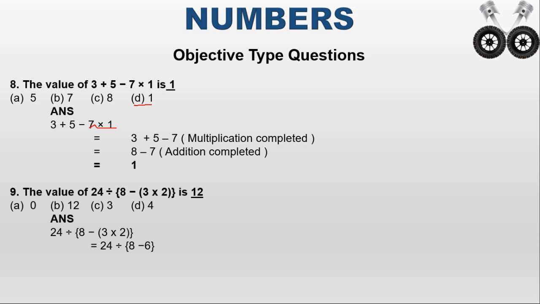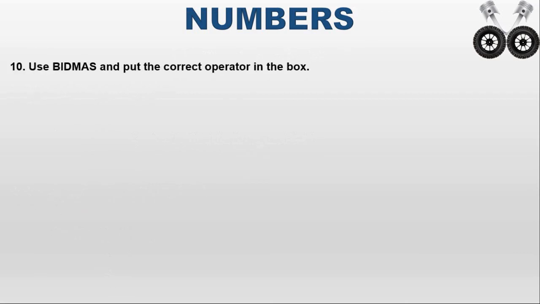What are they? Division and bracket. Which should be executed first? Bracket should be executed first. So 8 minus 6, that is 2. So 24 divided by 2, that is 12. So where is the 12? It is option B. So the answer is 12.